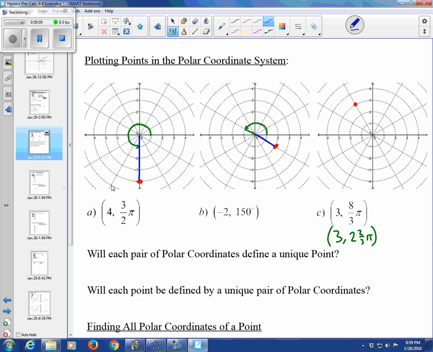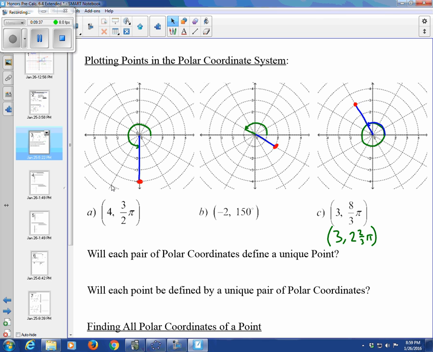Now we can evaluate that full rotation of 2 pi. And then from there, we're going to evaluate our 2/3, which is an additional 2/3 of a rotation. And that'll take us right there into the second quadrant. And now we're going to travel a distance of 3 units in that direction, which takes us all the way out to that point right there.